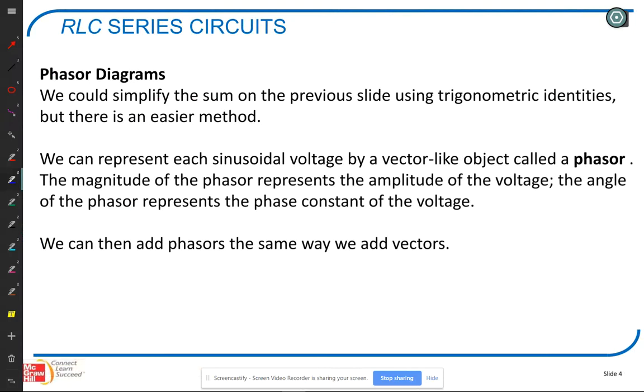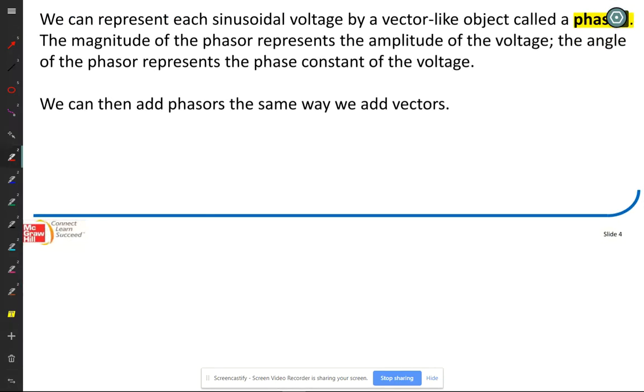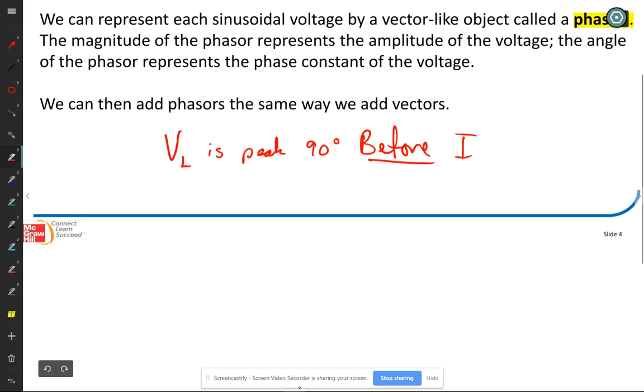Then you're going to make some phasor diagrams. A phasor diagram means that we are taking a vector. Well, is voltage a vector? No. But we're taking that voltage and we're treating it like a phase vector. I went back and forth and erased, of course. And so we have the voltage relationships: the voltage for an inductor peaks 90 degrees before the current.